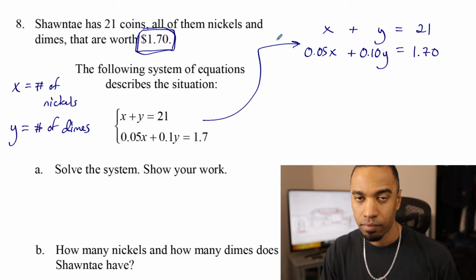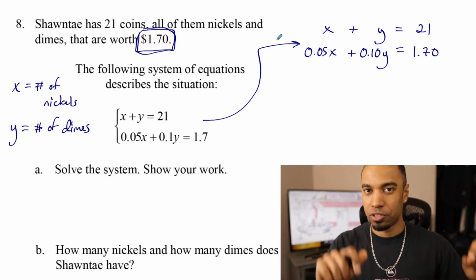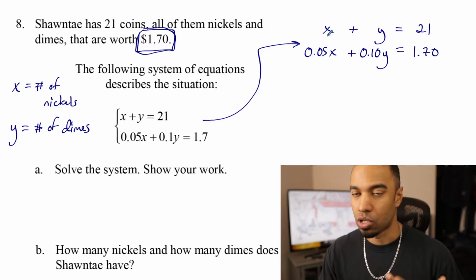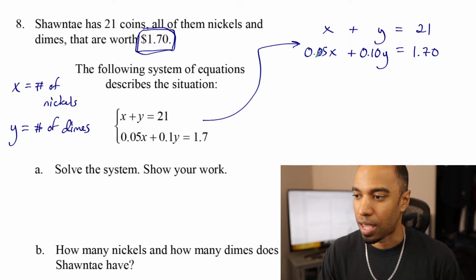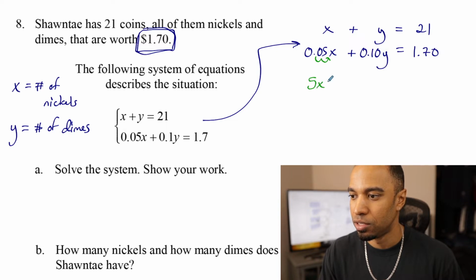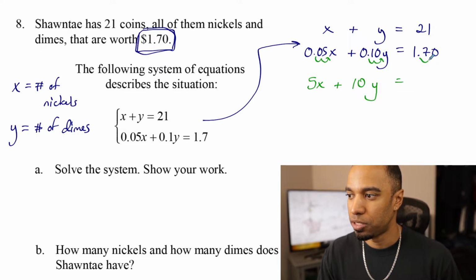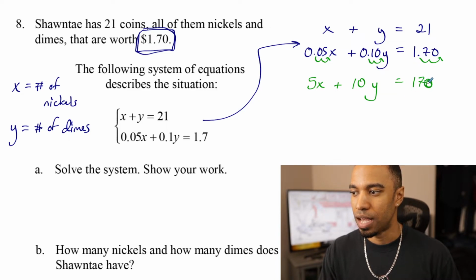Number 1, you're allowed to do decimal shifts anywhere you'd like to, as long as you do the same amount for every term. I can shift this decimal 2 places to the right to create 5x, as long as I shift this decimal 2 places to the right to create 10y, and shift this decimal 2 places to the right to create 170. Okay? That is option number 1.